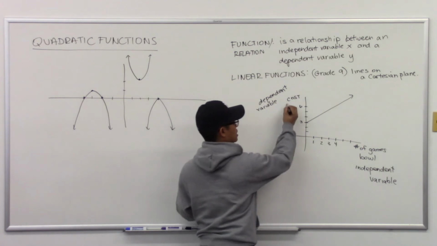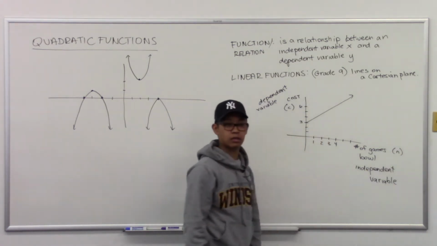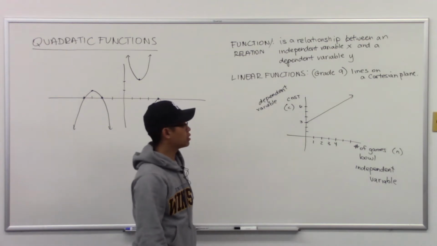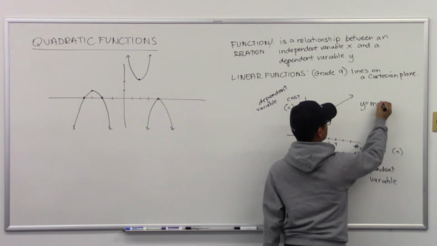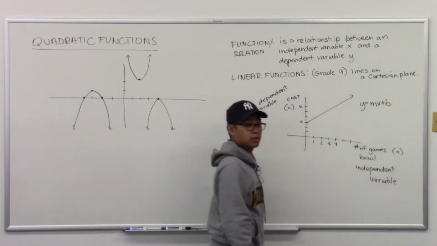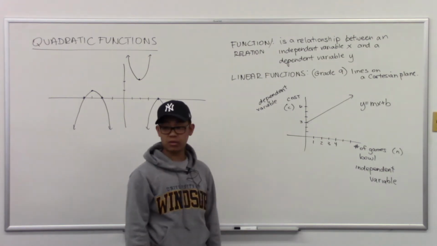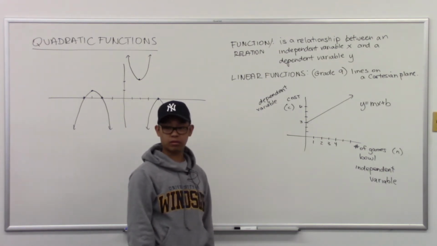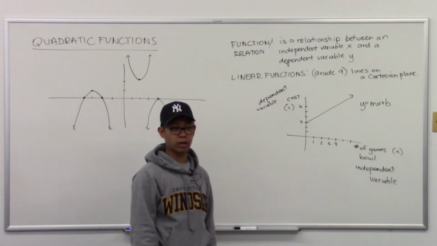If this was c and this was n, okay, the general form is y is equal to mx plus b for a line, right? Do you remember that? But in this case, the y is what letter? What letter are we using instead of y?